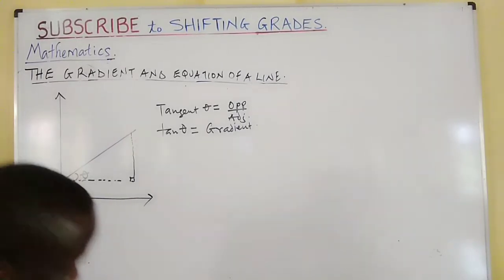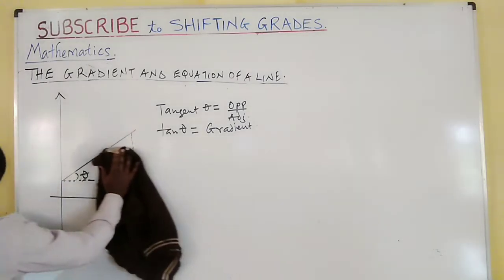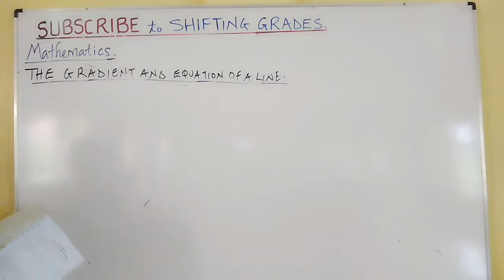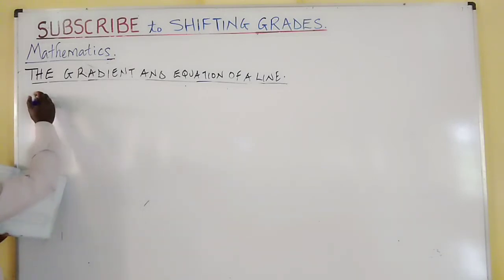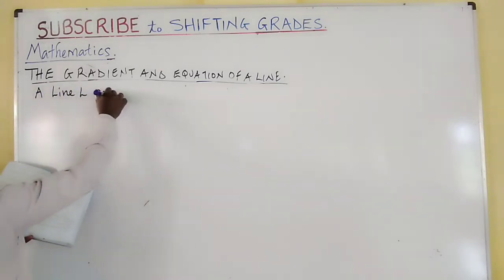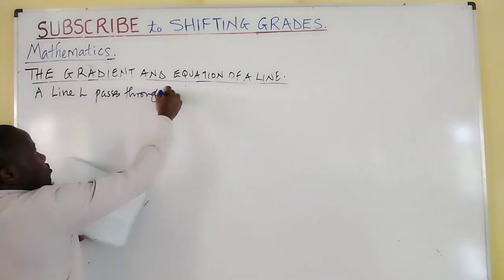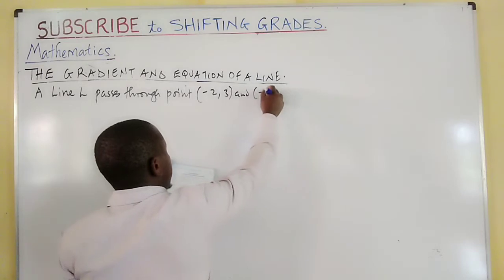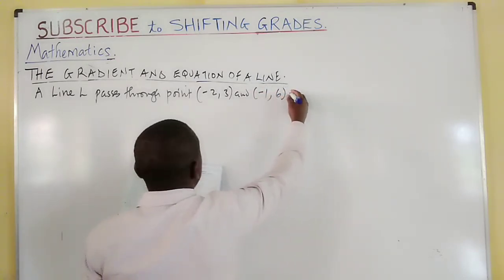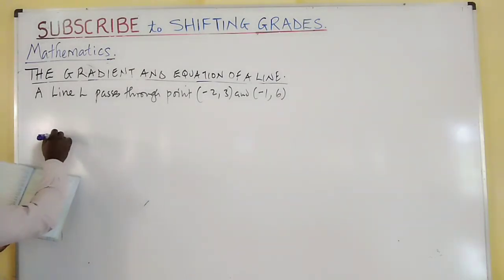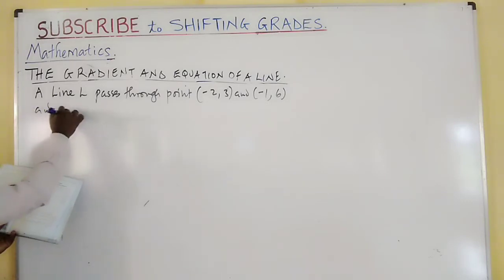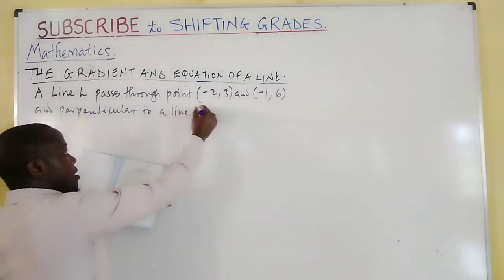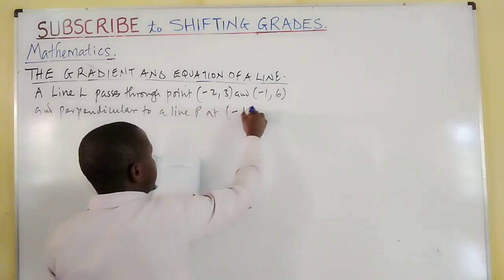Let me give now the other question I wanted to give. When you are told a line L passes through points negative 2, 3 and negative 1, 6, and is perpendicular to a line P at the point -1, 6.